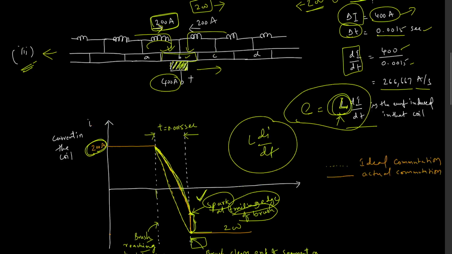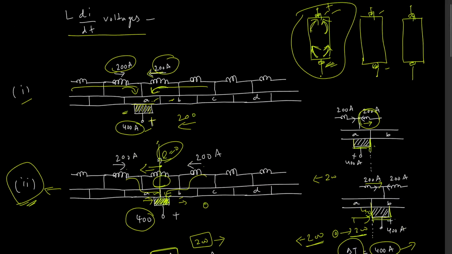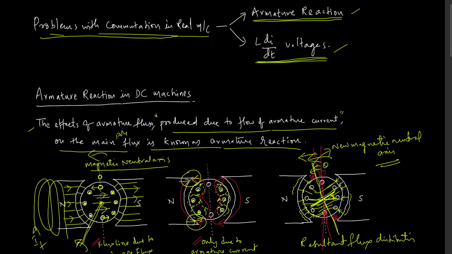So ultimately, either armature reaction or the L di by dt voltage, what we have just now understood, both create arcing of the brushes, and ultimately it will damage the commutator and the whole machine.